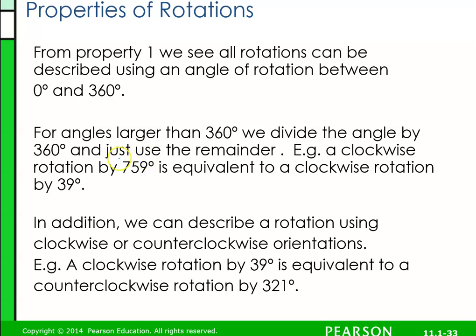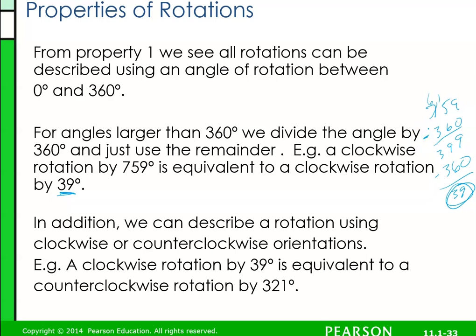If you take out all the 360s from there, if I just keep subtracting that, I'm going to make this 759, and then again I take out another one, you'll see what's left over. I keep going until I get a number between 0 and 360, and that's what it's equivalent to. I did subtraction over here, but you can also do the division.